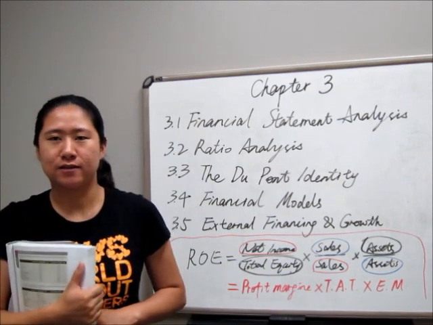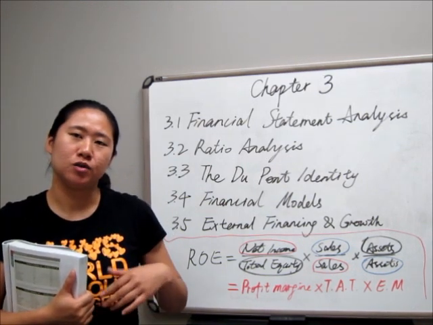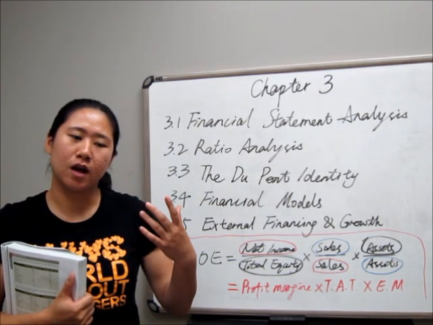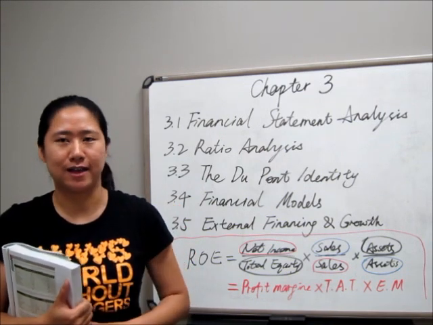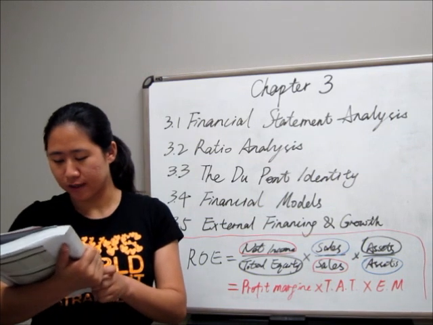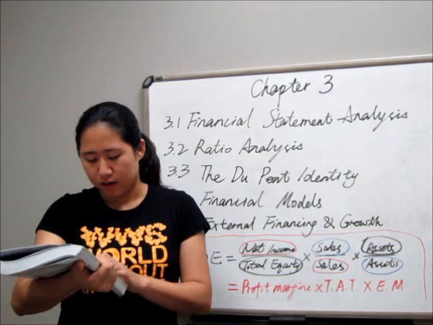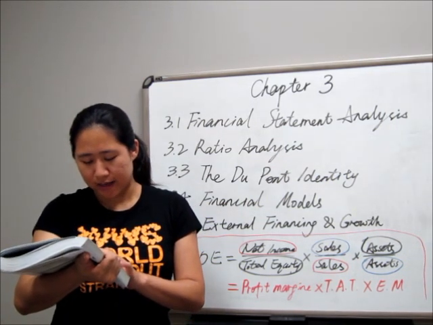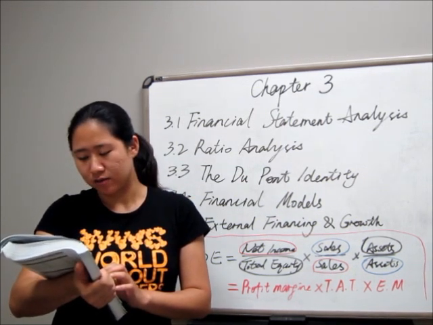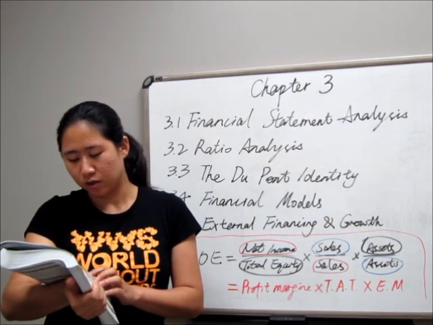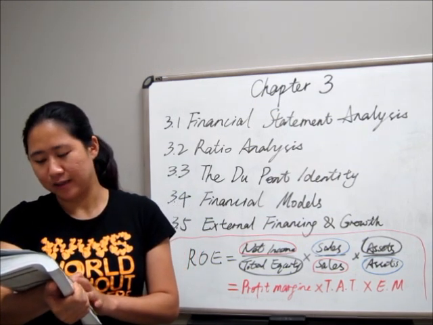This group addresses the company's ability to use its assets, its efficient use of assets. And the ratios in this group include inventory turnover, days sales in inventory, receivables turnover, days sales in receivables, total asset turnover, and capital intensity.